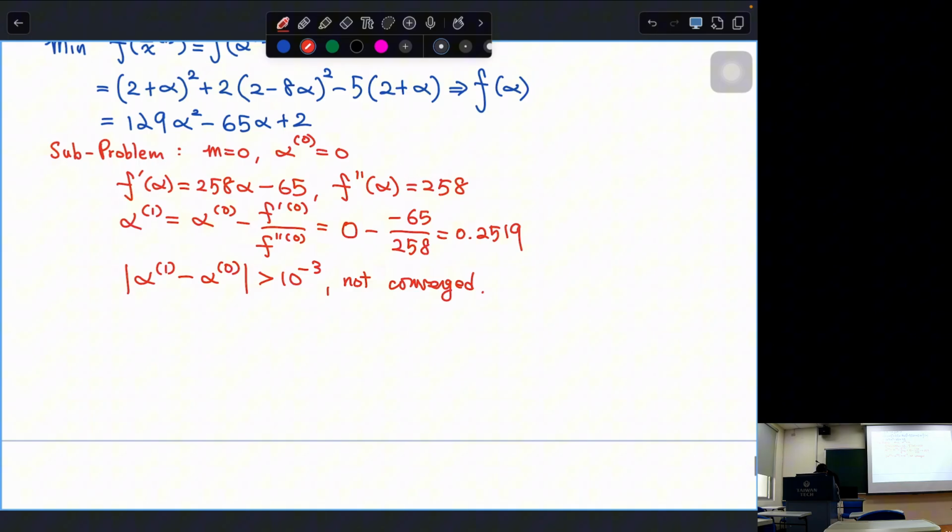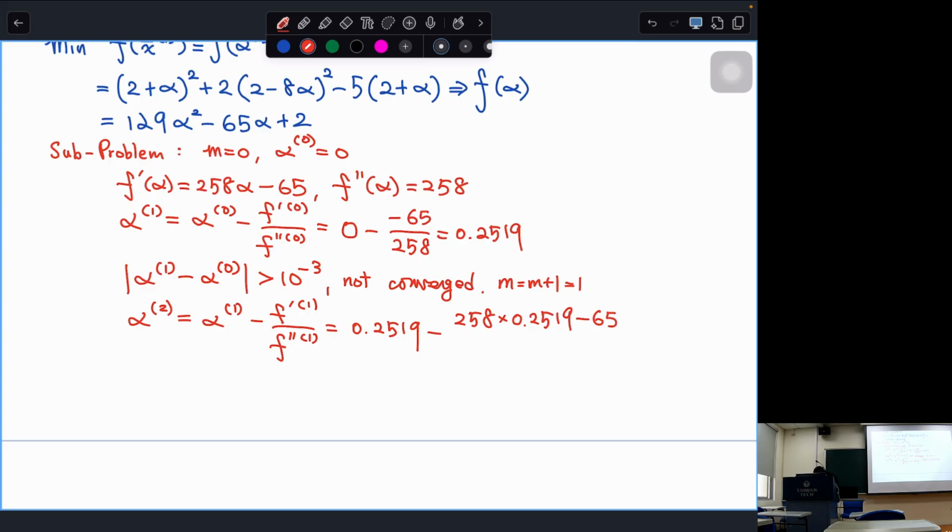So you move on, m equals n plus 1, so now m equals 1, so I need to do it again with m equals 1. So here is alpha 1 minus this. So here would be 0.2519 minus 258 times 0.2519 minus 65 over 258.